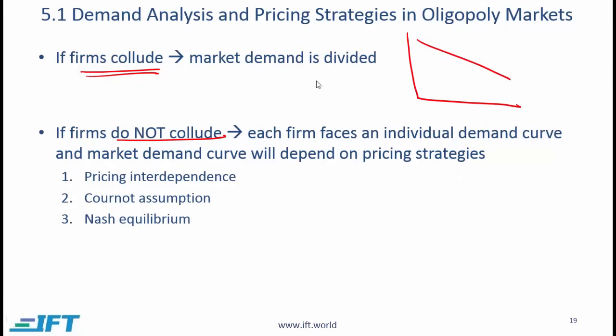If firms do not collude, then each firm faces an individual demand curve, and the market demand curve will depend on the pricing strategies which are used by the various firms. In terms of pricing strategies, we'll cover 3 types: pricing interdependence, the Cournot Assumption, and Nash equilibrium.